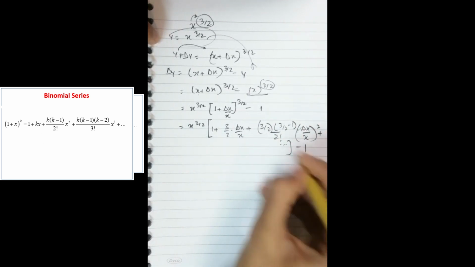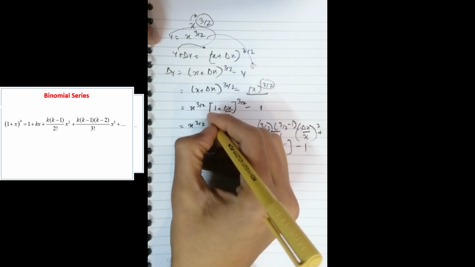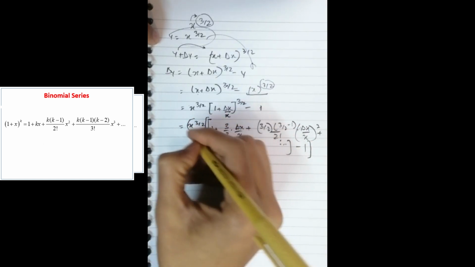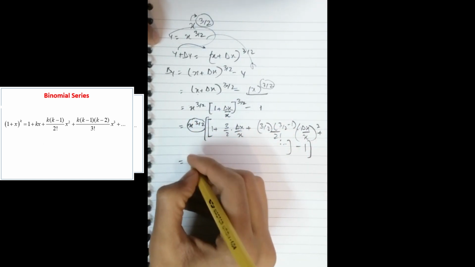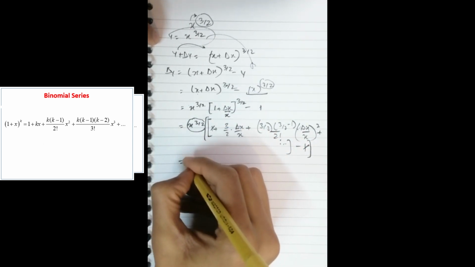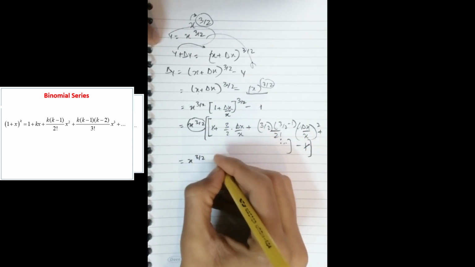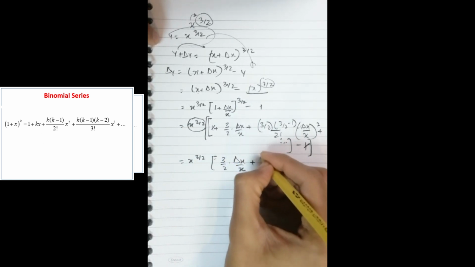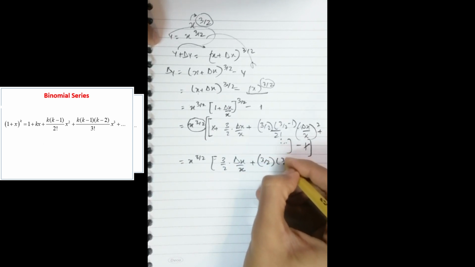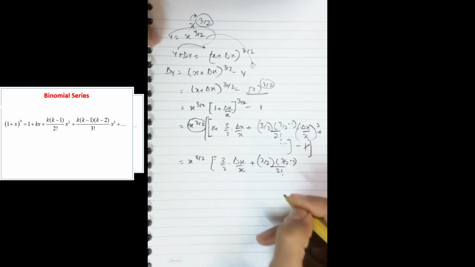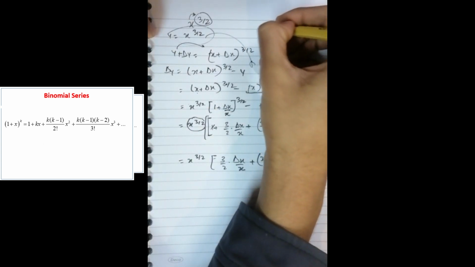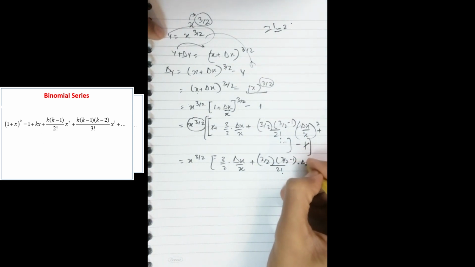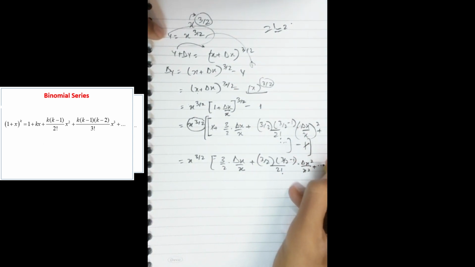If you like, you can put another bracket over here which resembles that this term is being multiplied by the term present over here, but that's all right. You can simply cancel 1 from everything, and x^(3/2), and we got 3/2 delta x divided by x, okay, plus 3/2 times (3/2 minus 1) divided by 2 factorial, and just for your knowledge, 2 factorial is actually equal to 2, so don't worry about it, and delta x squared divided by x squared plus dot dot dot, okay.